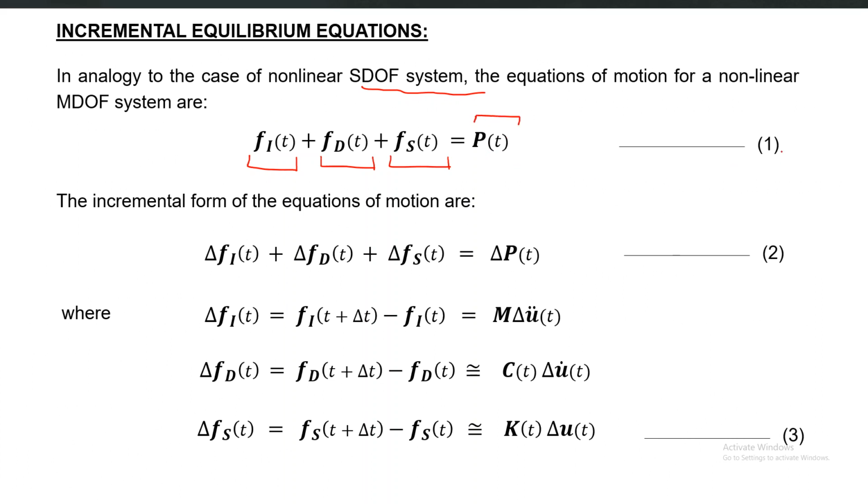This is equation 1, which is our governing equation of motion, and we have to solve that using step-by-step numerical integration technique. So the incremental form of the equation of motion is this one.